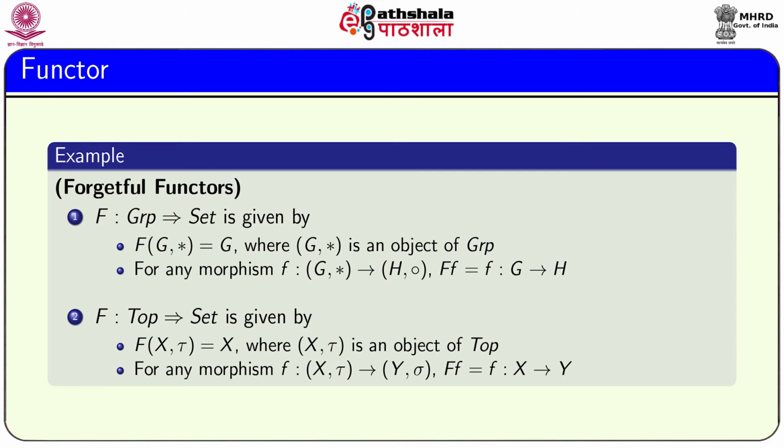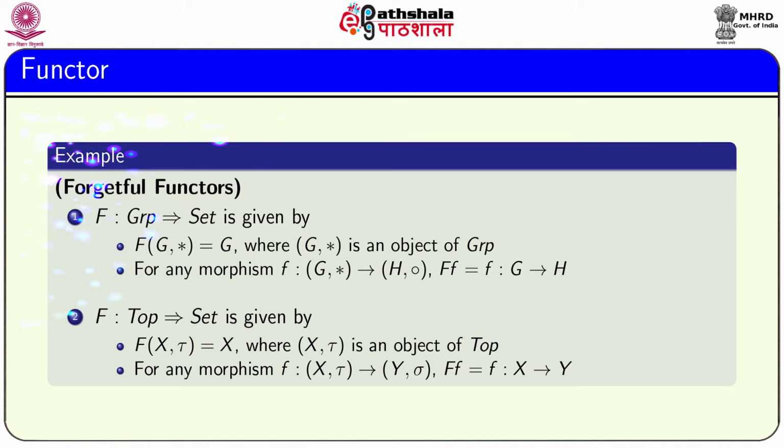Similar thing happens when we take the category Top and want to define a functor from Top to Set by applying the same technique. That means, we start with a topological space (X, tau), the functor will take that topological space to the underlying set X, which lies inside the category Set.